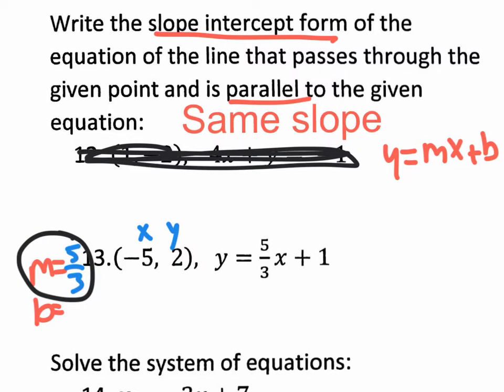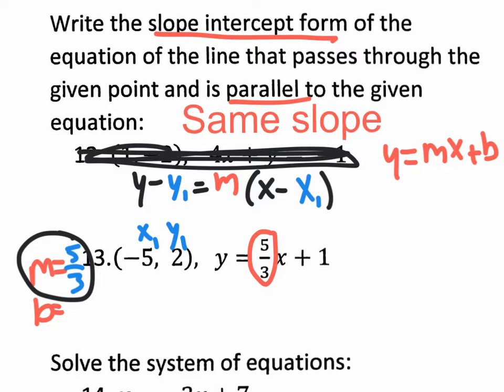Okay, so point slope form is y minus y1 equals m parentheses x minus x1. And of course we're getting the x1, y1 from the coordinate (-5, 2). And we already found our slope, 5/3. We don't even care about the rest of this equation. We already got our m value of 5/3.